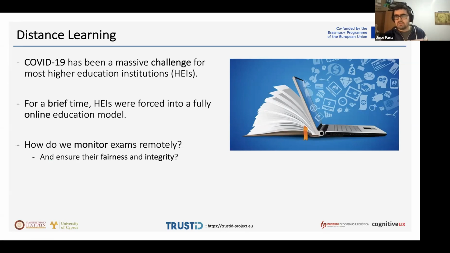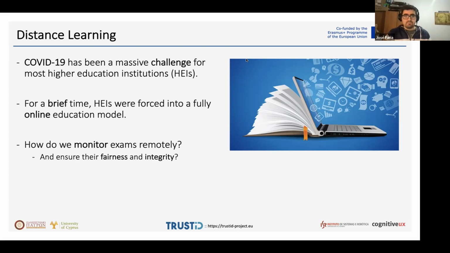For a brief time, they were forced into a fully online education model, which became a significant challenge, but mostly because they didn't know how we could ensure integrity and fairness in the assessment process of online exams and other types of evaluations.